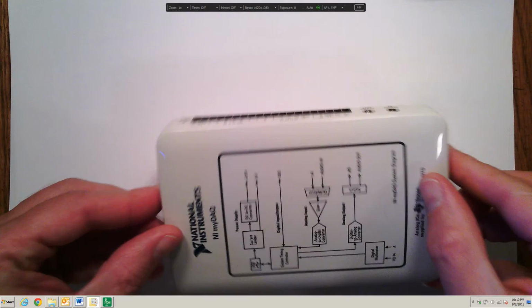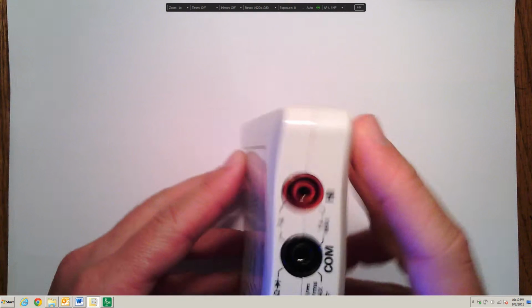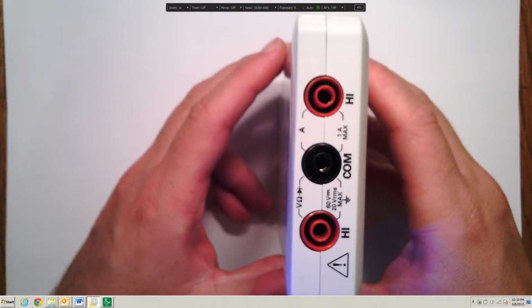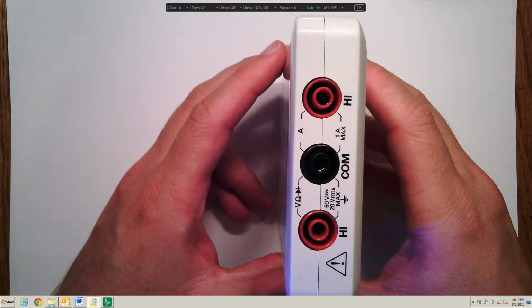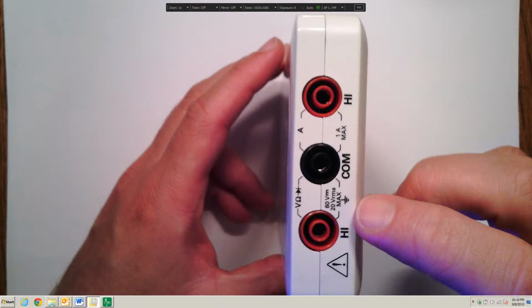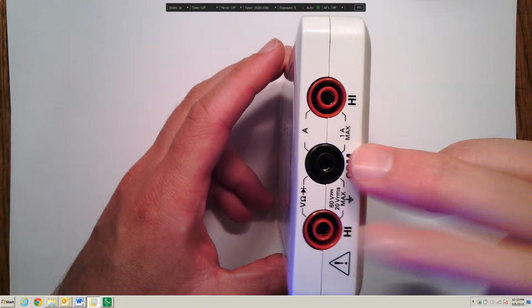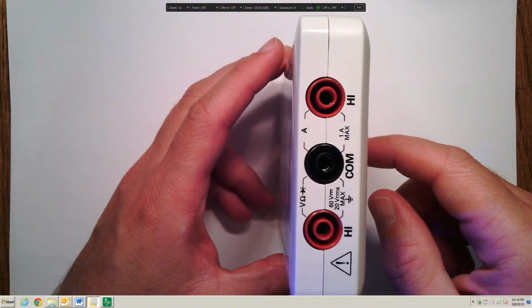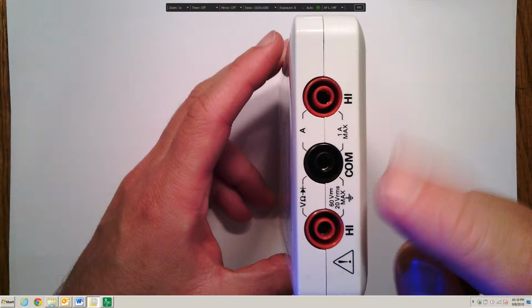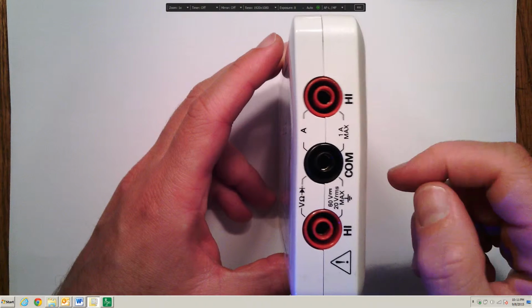If we turn the device up on its other end, we see that we have connections that look a lot like multimeter connections. And that's exactly what this is for. We have connection ports so that we can measure voltages, resistances, and diodes, as well as the ports for the current.